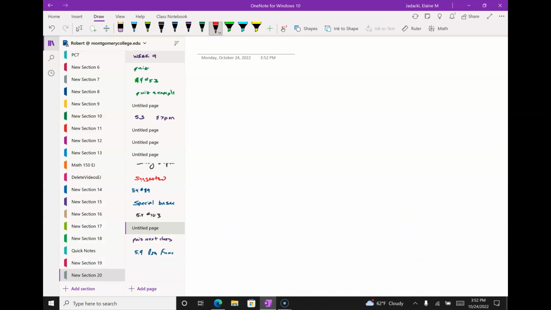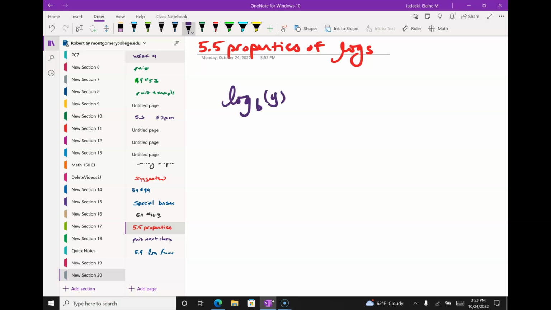So here we are, 5.5 properties of logs. I'm going to include in these properties the first three that we already learned. The first one was the translation: log base b of y equals x translates into b to the x equals y.